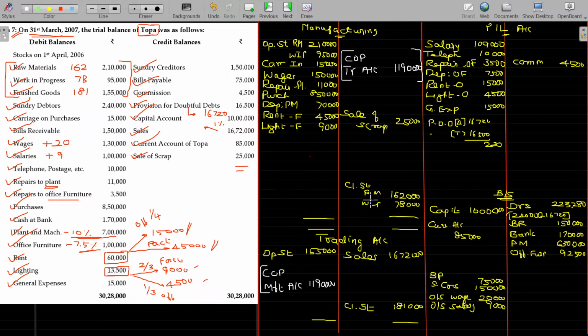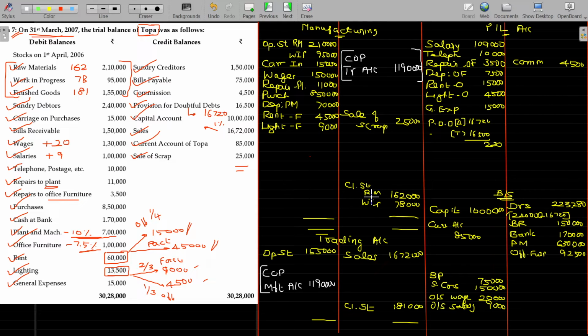What is the total value? No, it's not 12 lakhs 93, something different, I think so. 11 lakhs 60,000. 11 lakhs 16,000.